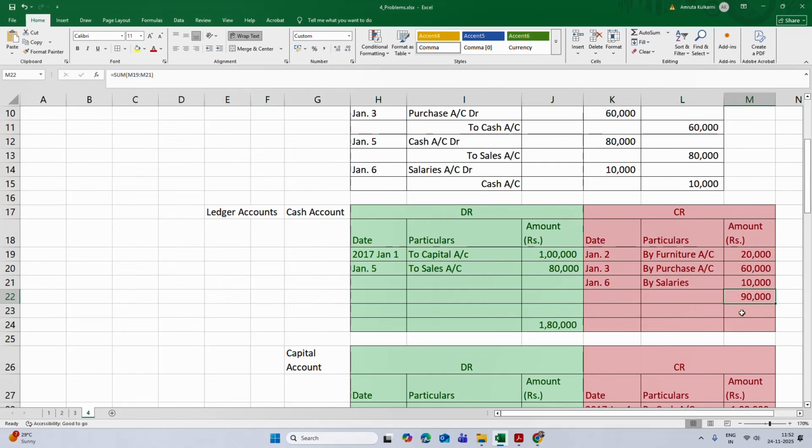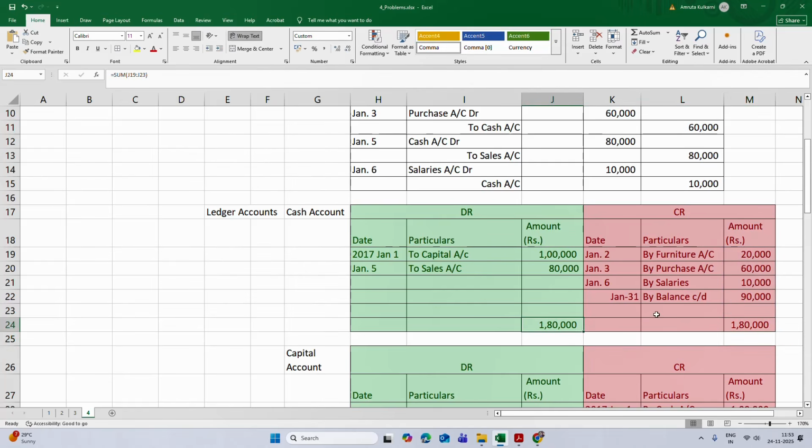So what is the difference? That is 1,80,000 minus 90,000. So how much cash you have at the end of the month, that is on January 31, how much cash you have to carry down is 90,000, which is the difference between 1,80,000 and the subtotal which was 90,000.